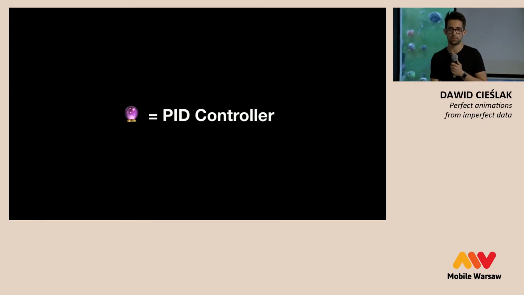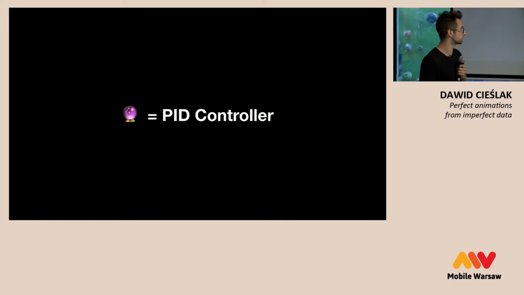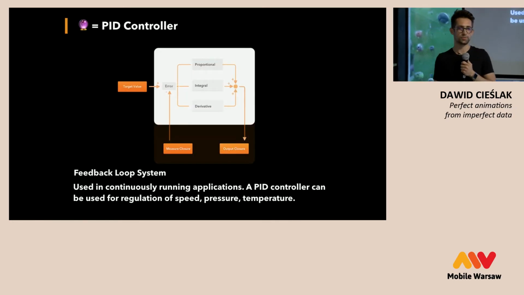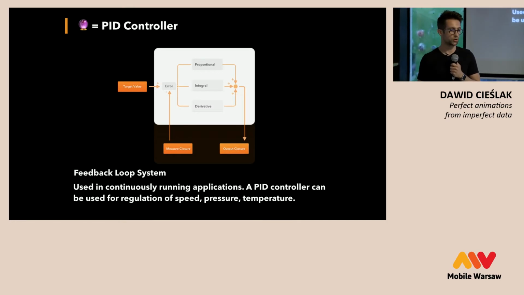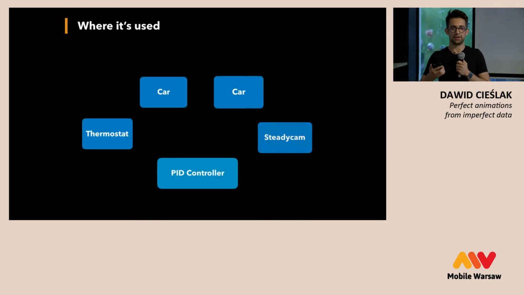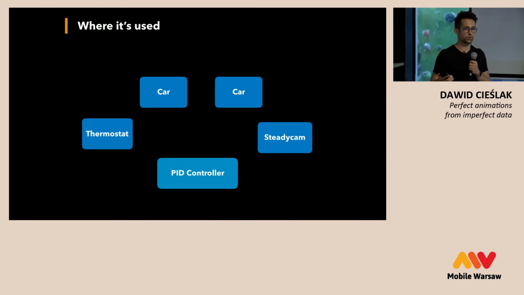So when I was looking for a solution for my problem, my friend showed me a concept called PID Controller. So what's PID Controller? It's a closed feedback loop system, usually used in industrial applications, like to control the speed, pressure, or temperature, and it's implemented in things you use every day, like to control the speed of your car when you kick the pedal, cruise control, Steadicam.